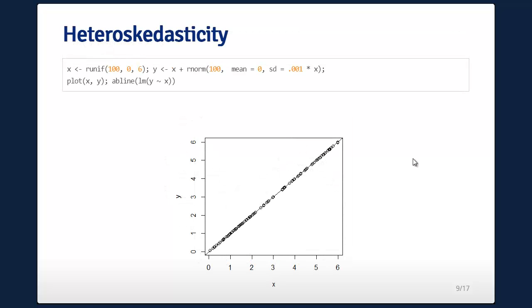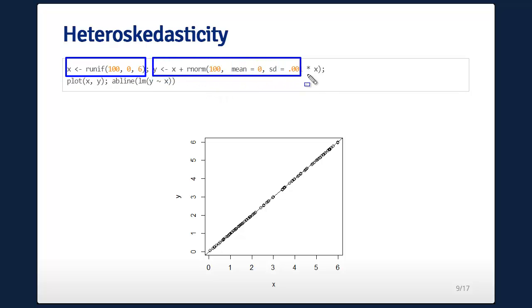I also tried to create an example where you couldn't see anything from the scatter plot, but it was obvious on the residual plot. What I was going to talk about here is heteroscedasticity, a case where our model is not right because the variance isn't constant as a function of x. Here I generated my x's as random uniforms, and my y's were x's plus error, so my linear regression relationship holds with an identity slope and zero intercept.